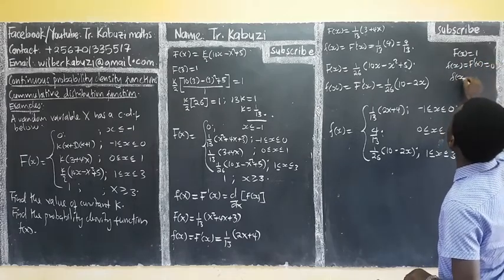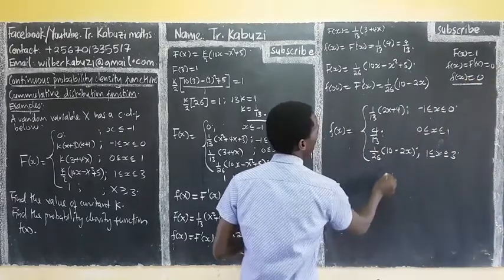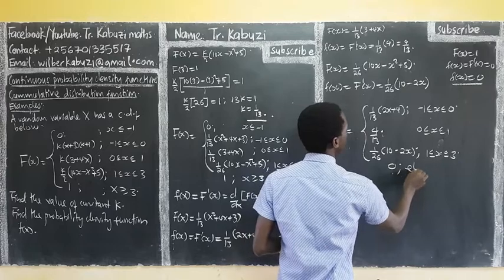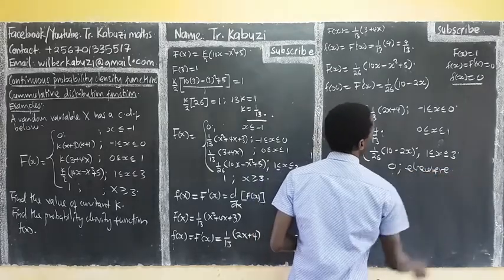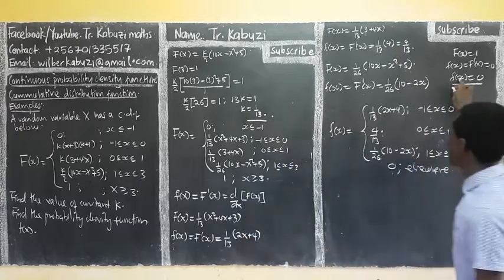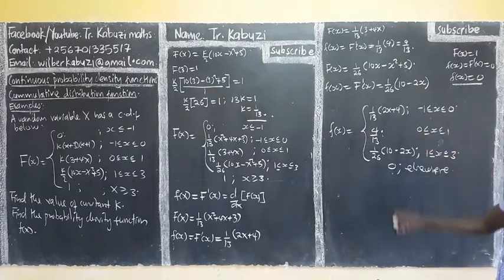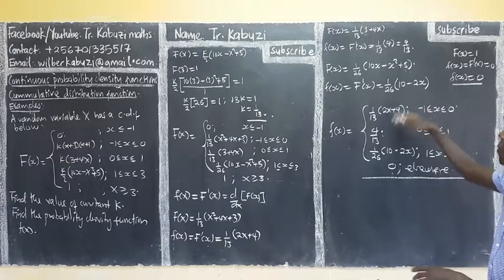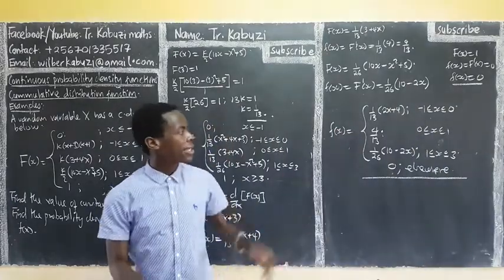So our f of x is equal to 0 elsewhere. This means that above 3, it's 0. Below negative 1, it's 0. As simple as that, and we have related that. So you can now have as many questions as you want, such as sketching that and so on.